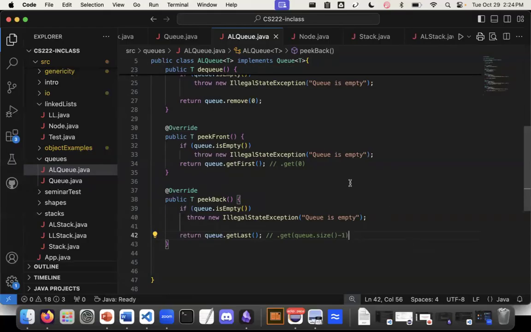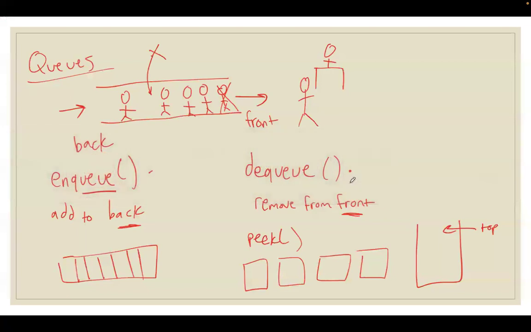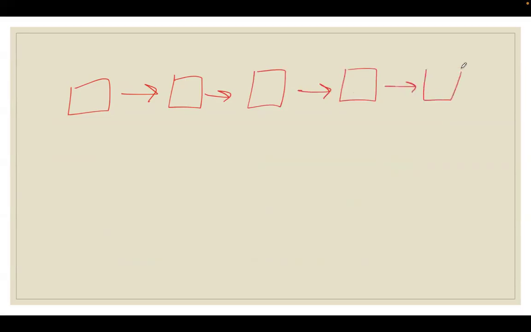So for a linked list, let's actually talk about it first. So if we've got a list, this is how we've been talking about linked lists so far, right? Where we've got one pointer, the head, that holds the front of the list.